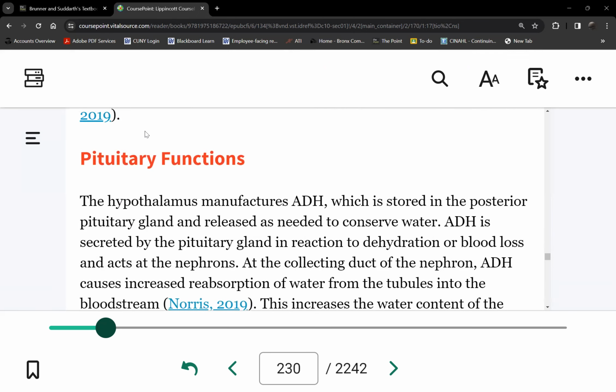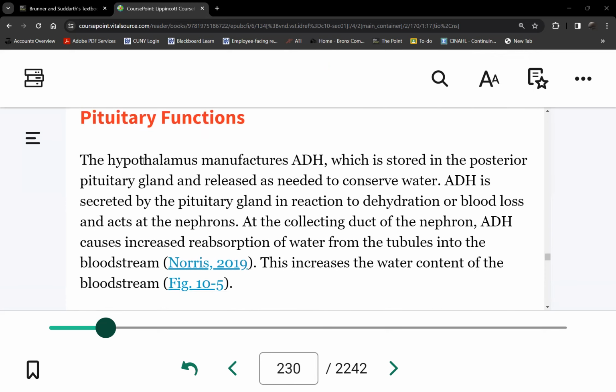The other is the pituitary. The hypothalamus and the pituitary gland are working hand in hand here. One reaction is to release antidiuretic hormone. This is the problem found in diabetes insipidus and SIADH, which we'll discuss in the second hour.